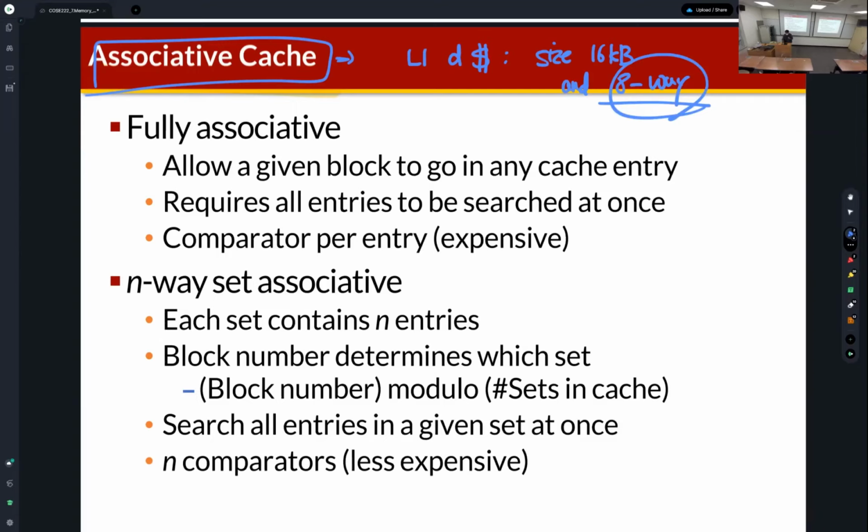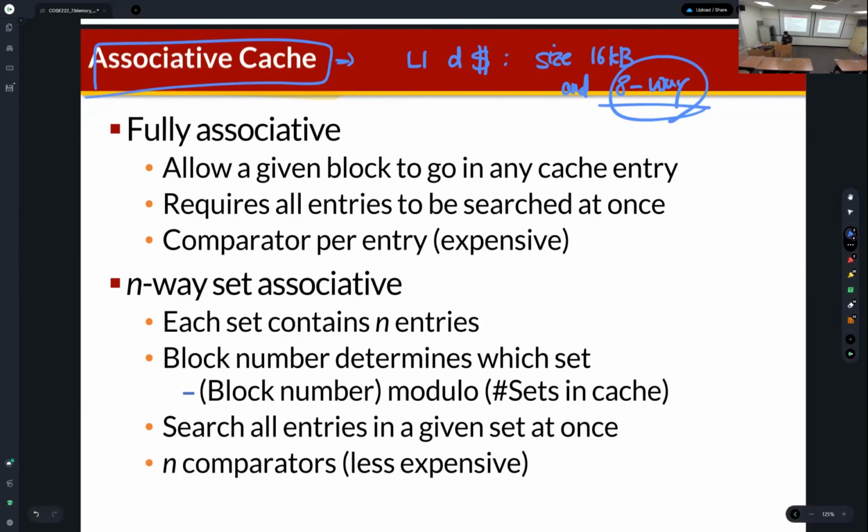So in this example, the size is the size of the cache. Well, it's obvious. It's the size of data that can be stored in the cache. It's 16, which means that the level 1 data cache of the Intel CPU can store 16 kilobytes of data. Then what does 8-way mean?